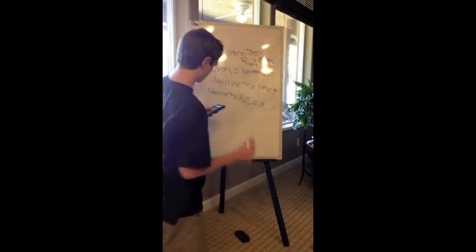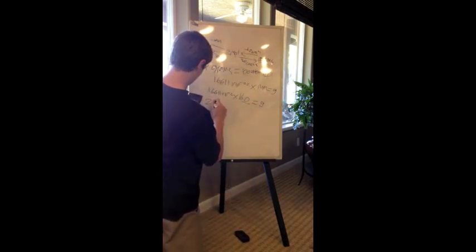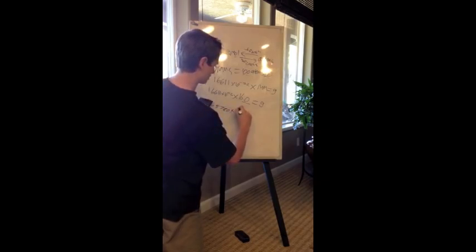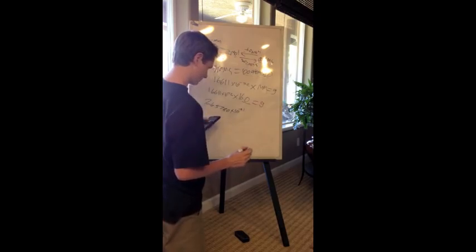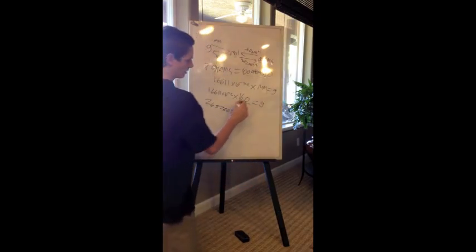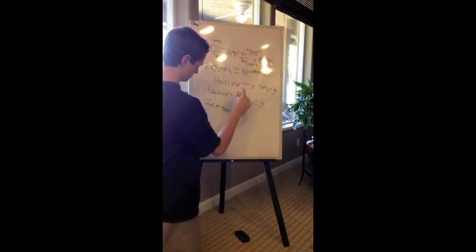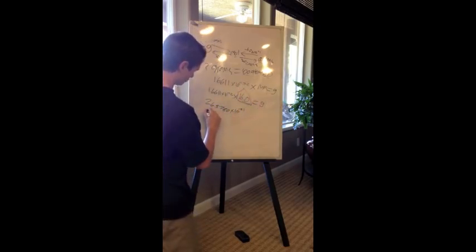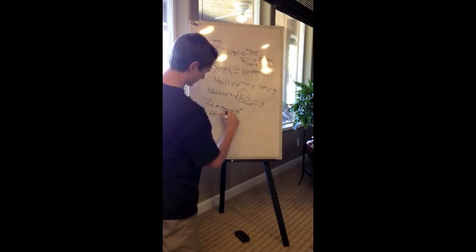Okay, that equals 2.65780 times 10 to the negative 21st. But 3 sig figs here. That would actually mean that would be 2.66 times 10 to the negative 21st.